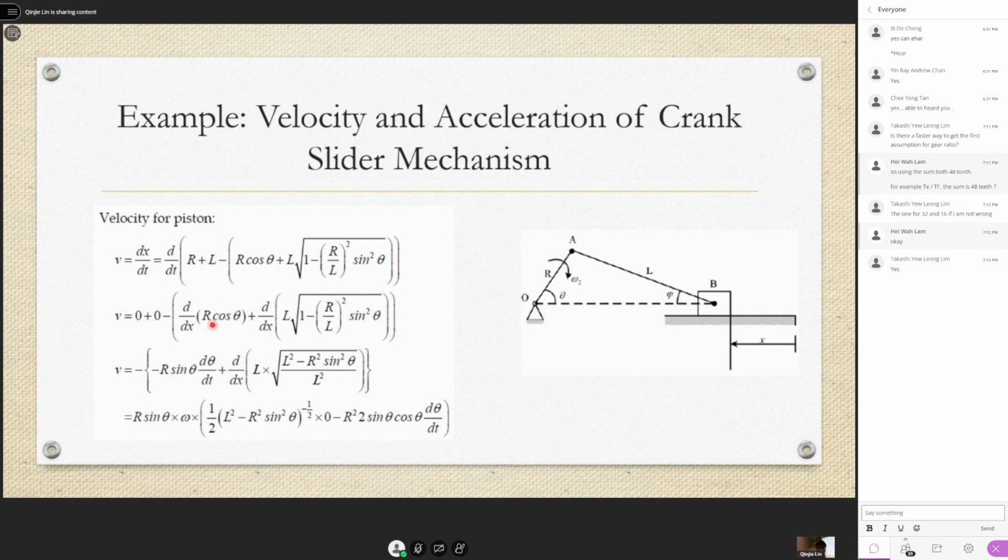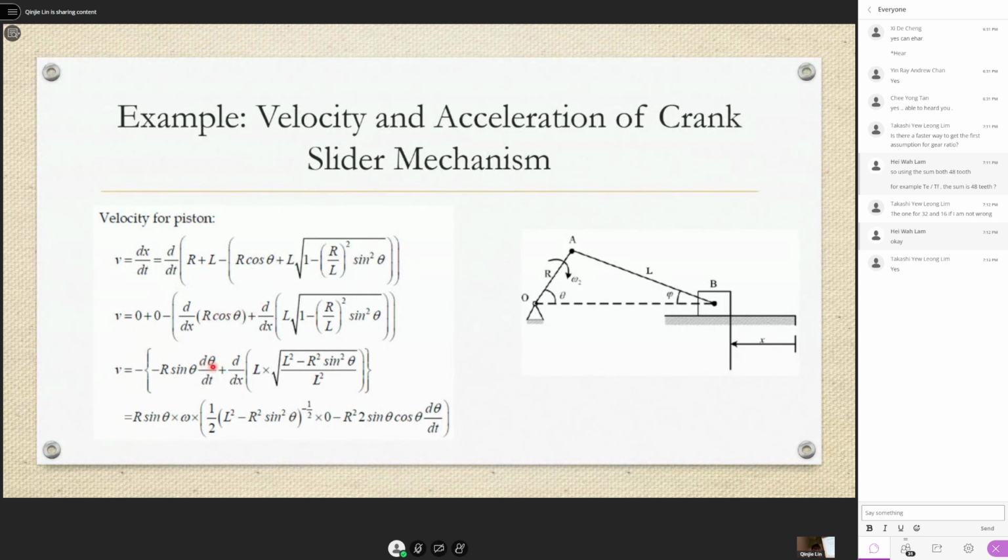Okay, so you differentiate this r cosine theta. When you differentiate cosine theta, you are going to get minus sine. Then you must differentiate inside again, chain rule.